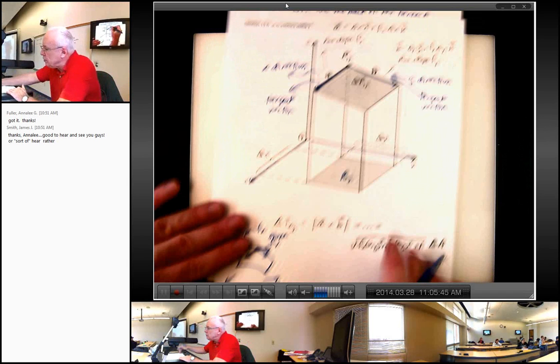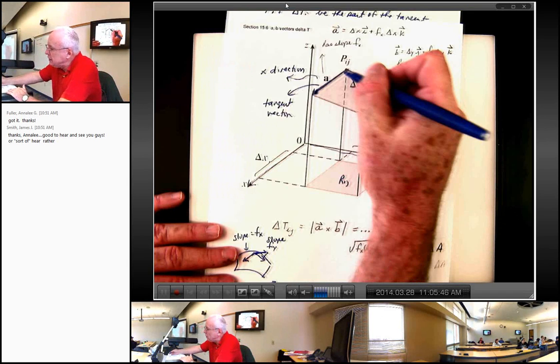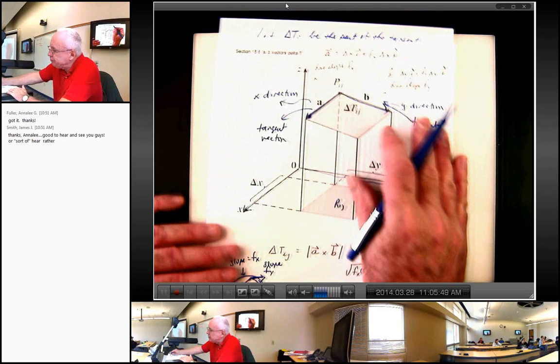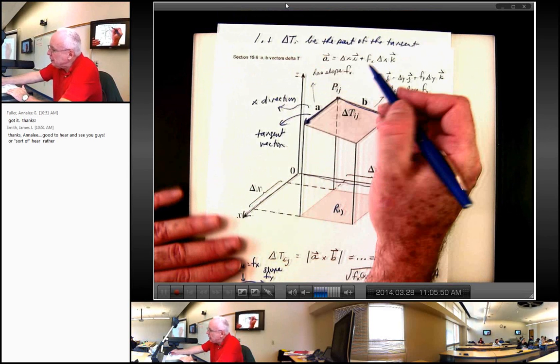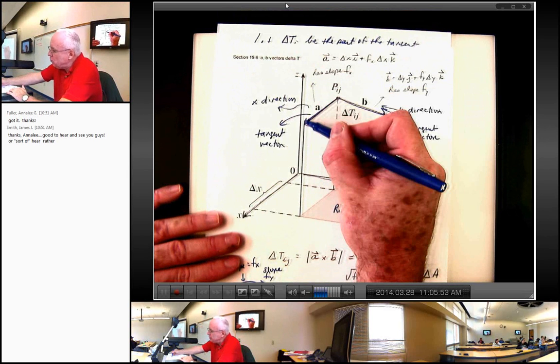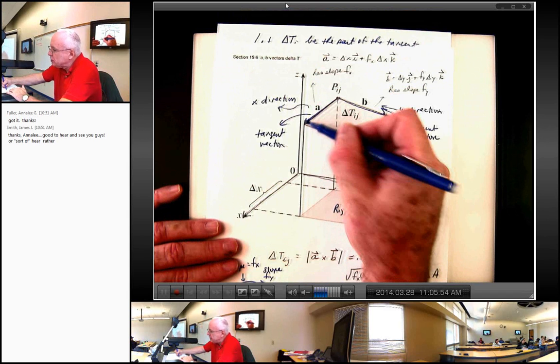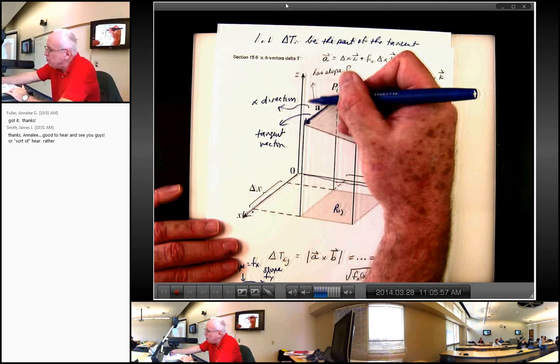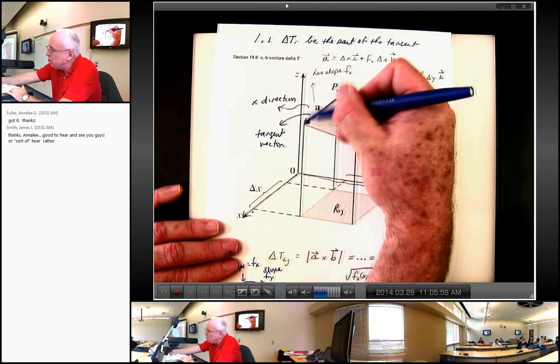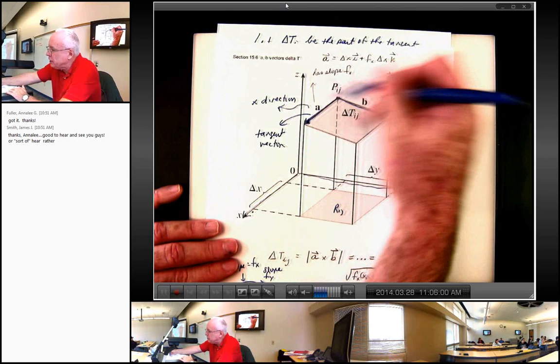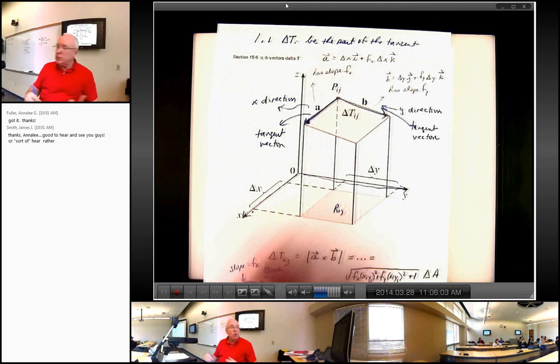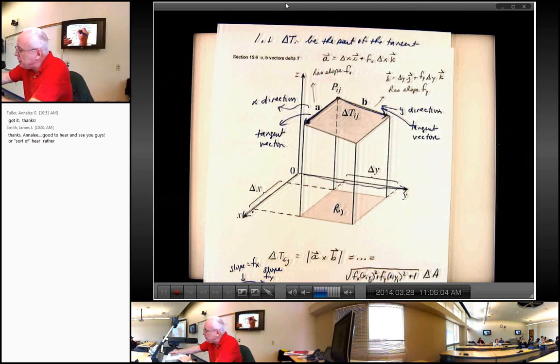Since we can write these vectors like this, the vector A goes in the x direction, but it also moves downward or upward along the z direction. It has no component in the y direction.